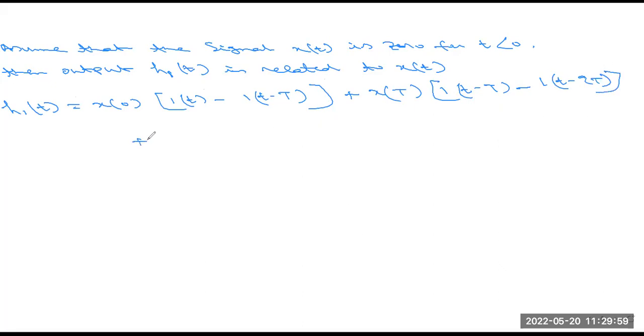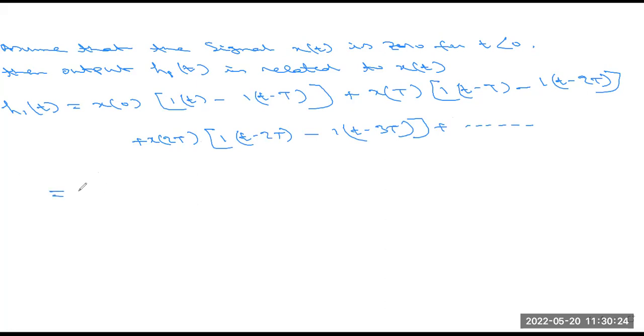Then plus x of 2T into 1 of t minus 2T minus 1 of t minus 3T, and so on. This process is continuing up to infinite terms.